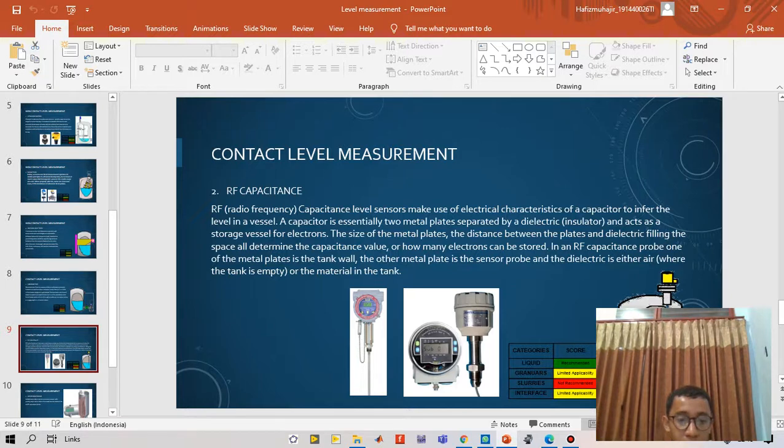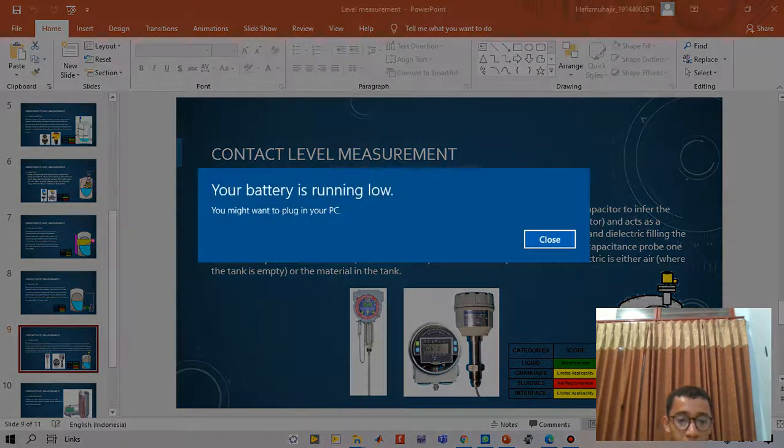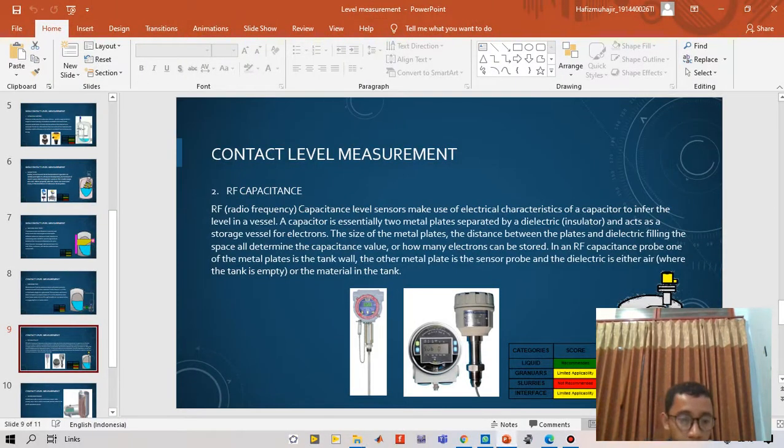The size of the metal plates, the distance between the plates and the dielectric filling the space determine the capacitance value, or how many electrons can be stored. In an RF capacitance probe, one of the metal plates is the tank wall, the other metal plate is the sensor probe, and the dielectric is either air, where the tank is empty, or the material in the tank.